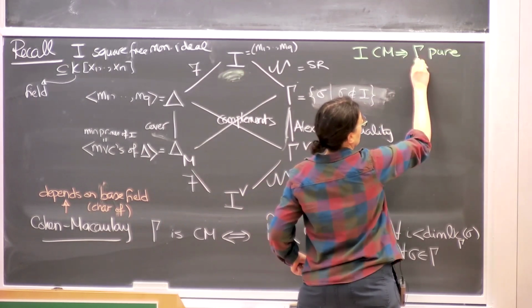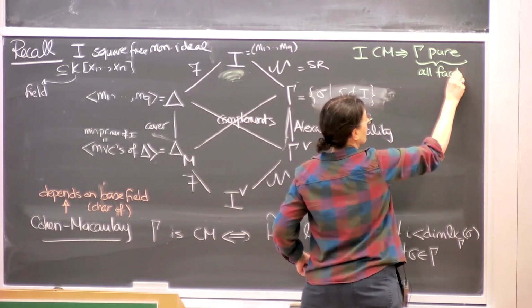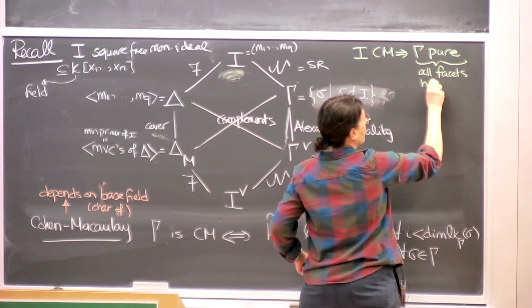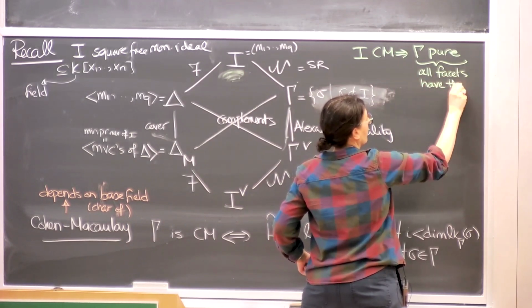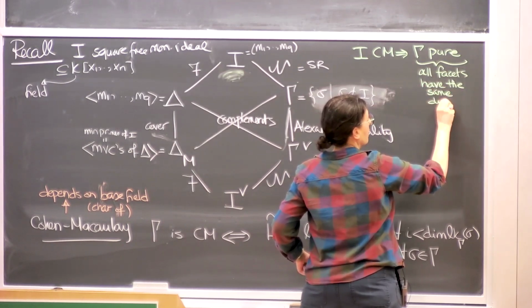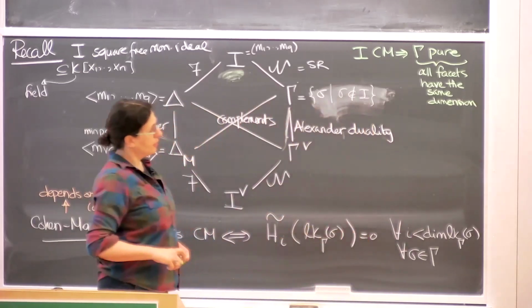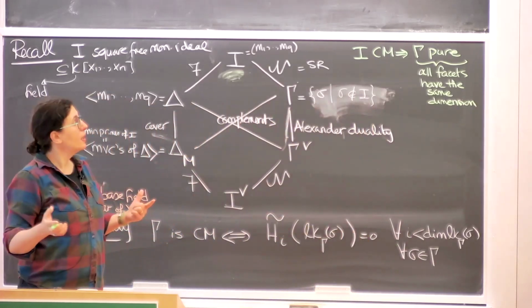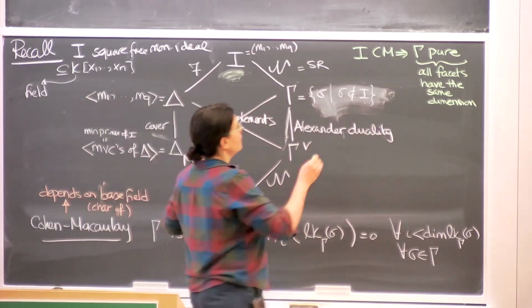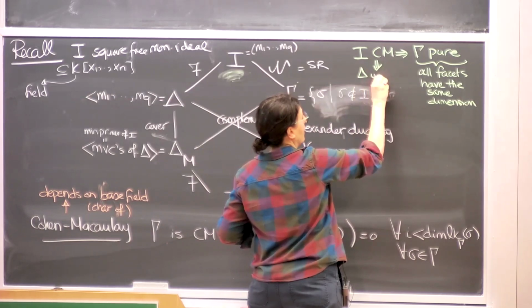That means all facets have the same dimension. Okay, so have the same size. And it also means that delta is unmixed.